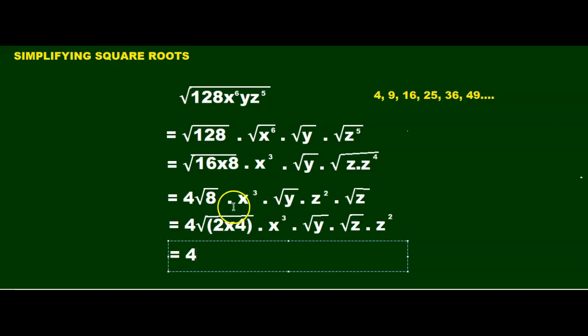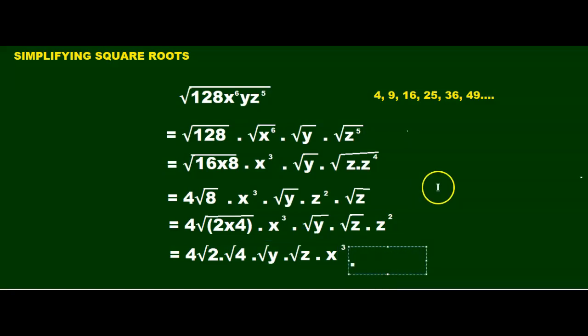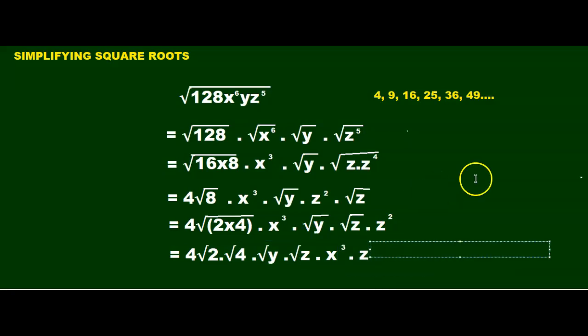Now the square root of 4 here, I'm going to split into the square root of 2 times the square root of 4, times the square root of my y, times my square root of z times my x cubed times my z squared.